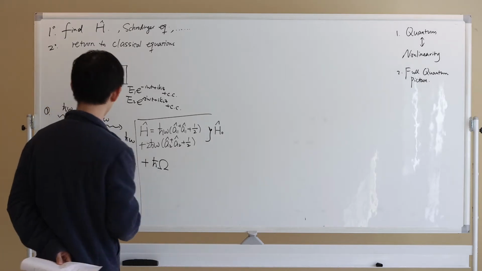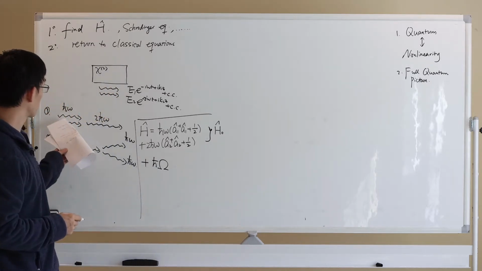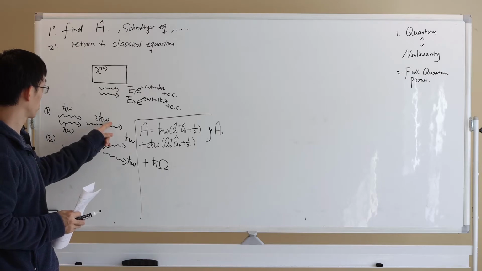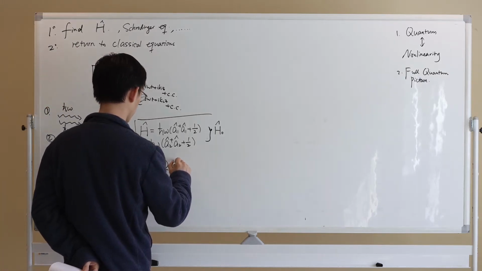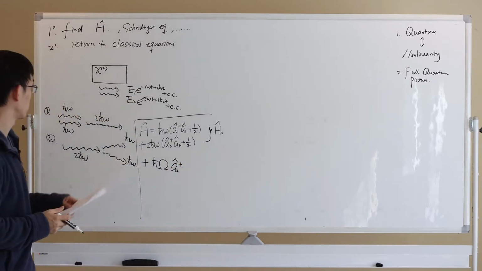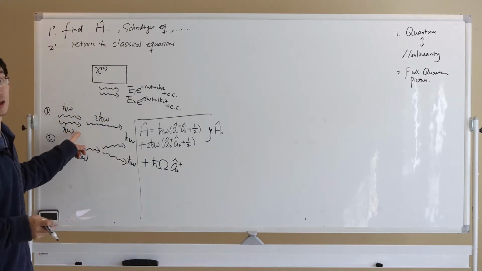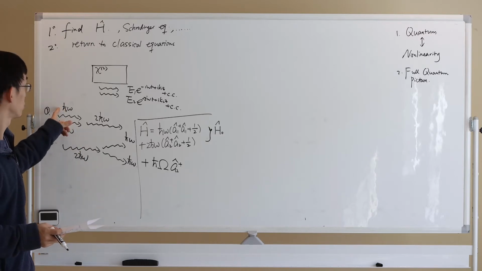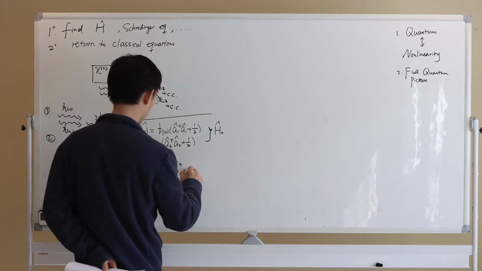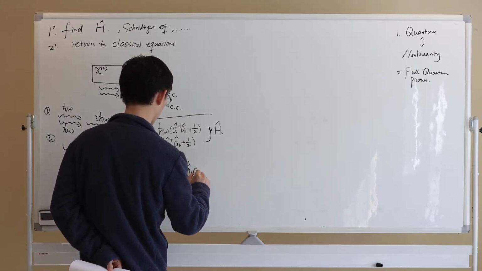And then what you have here is that this process generates 2 omega frequency. To generate that, because you need to keep the energy conserved, you need to annihilate 2 photons of omega frequency. So annihilate 2 photons.